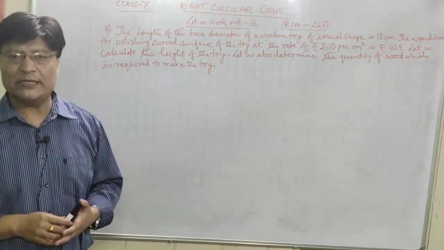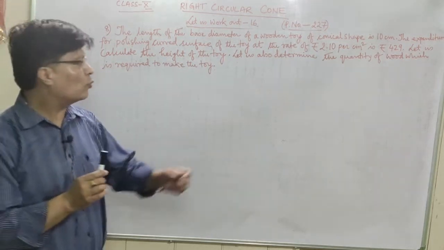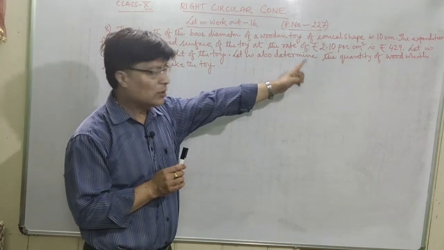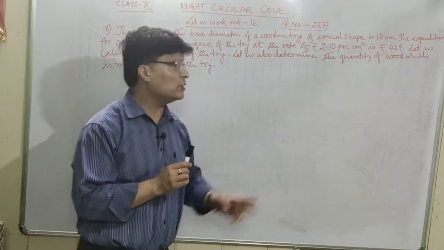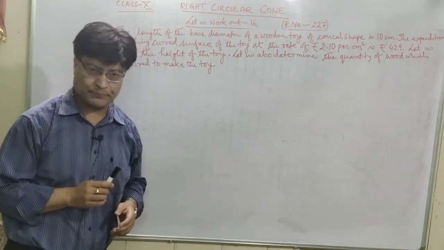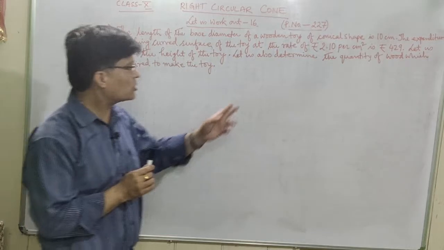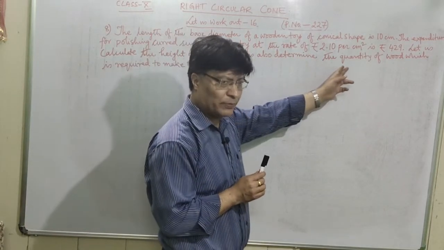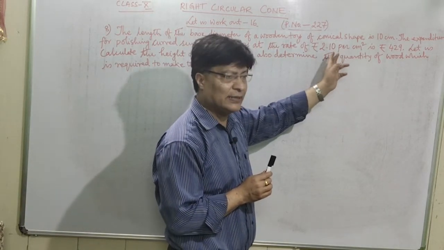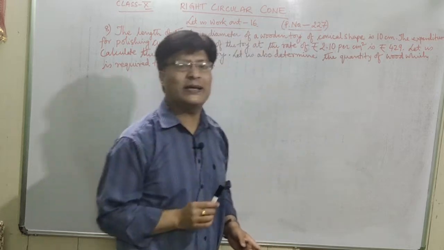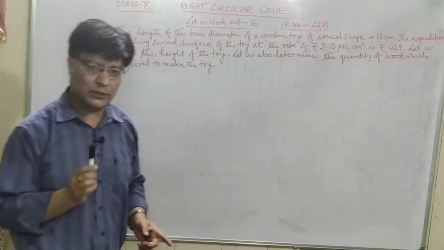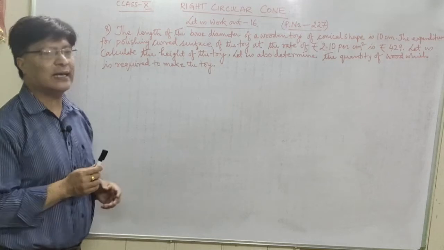So what is the rate given here? Cost of coloring 1 square centimeter is rupees 2.10. That is, if the cost is rupees 2.10, then the curved surface area is only 1 square centimeter. Okay. Now let us calculate the height of the toy.